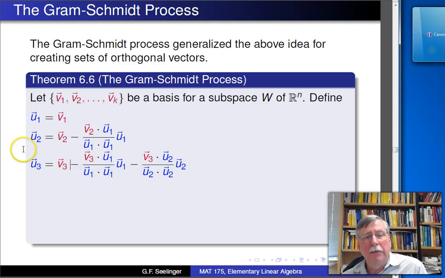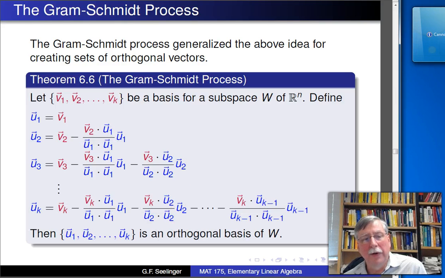And I keep doing this all the way through. But notice that here I'm using U1 and U2, and U2 is not what I started with here. U2 is this whole expression, so I can substitute that in for U2 if I want. It becomes a huge mess, so it's better just to do it step by step this way. Then I can keep going and do this over and over again, adding more and more vectors as I go.